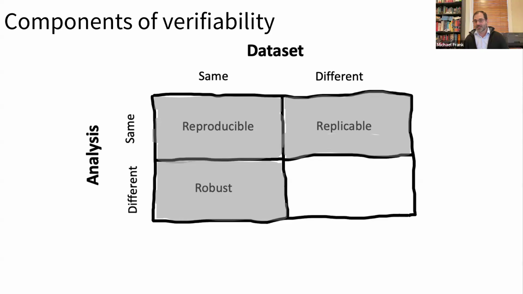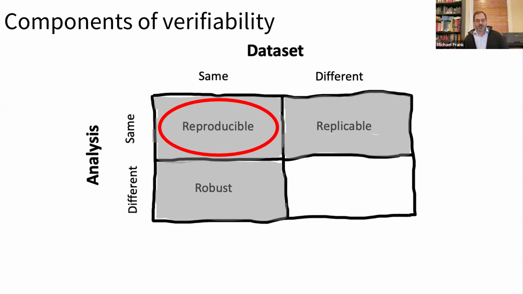If you do the same analysis but you've collected new data, we often refer to that as replicable, generating the same findings in a new sample. And if we do different analyses on the same data set that are aimed at getting at the same question in a different way, we might call that a robust finding if we get the same thing.